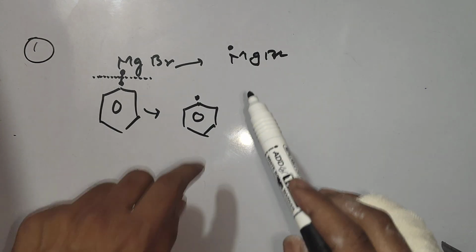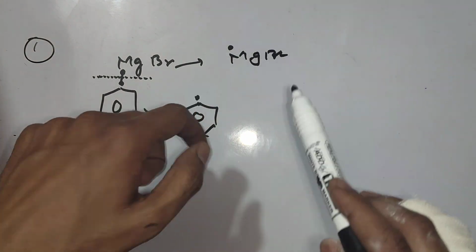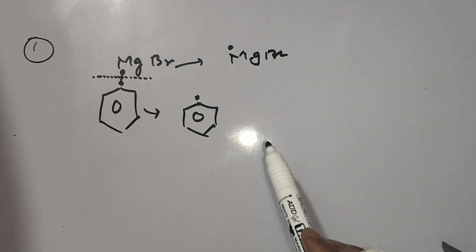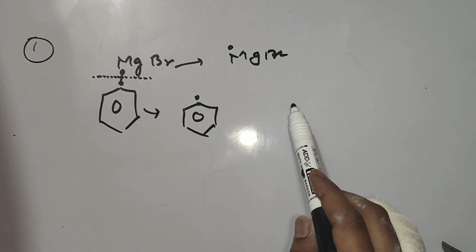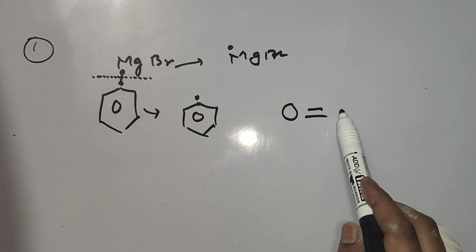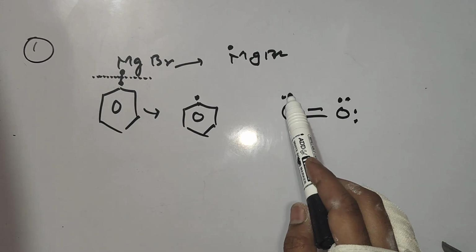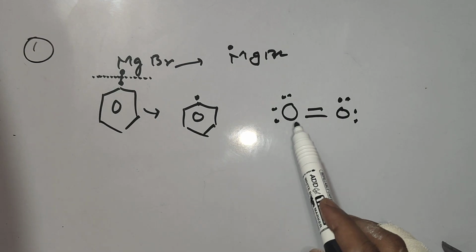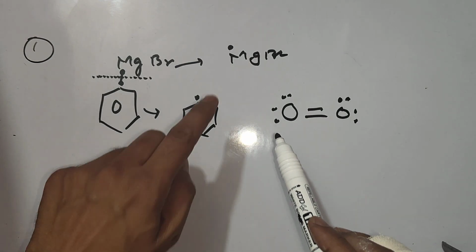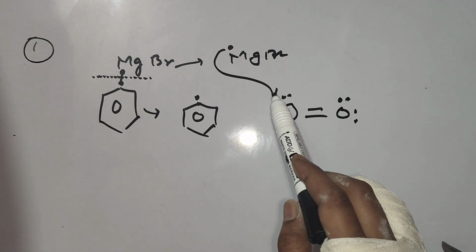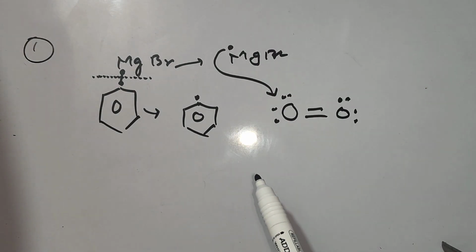Now, because Mg is a good electron donor, as you know, it's an electropositive metal, it can donate its electron very easily. And oxygen has very high electronegativity, oxygen gas, I am writing here. Oxygen atoms are highly electronegative, so it will transfer its one electron to any one atom of oxygen. That's why we are calling it SET, single electron transfer mechanism.